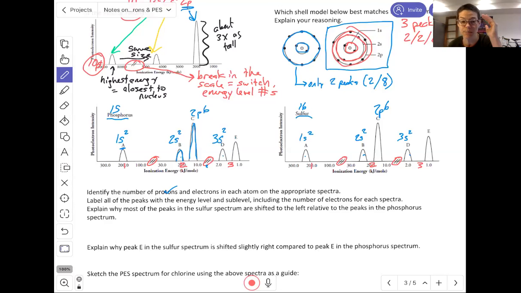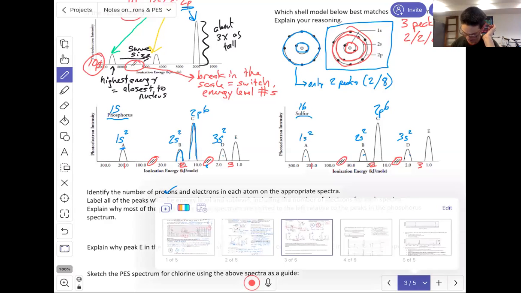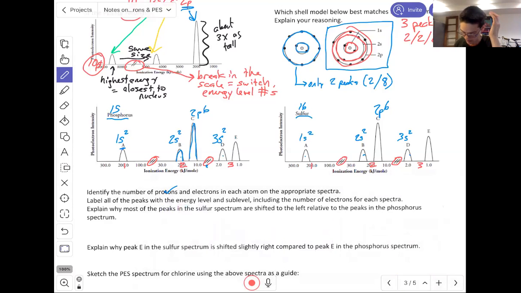So if you look at the E peaks, they are more than 2. This is where sometimes you have to kind of estimate to see what it is. Now, they've told you it's phosphorus and they've told you it's sulfur, so we know what they are because we already know how to do electron configurations. But if we start with this phosphorus one, if I look at E, I can tell that it is slightly more than D, but it's not twice as big, right?